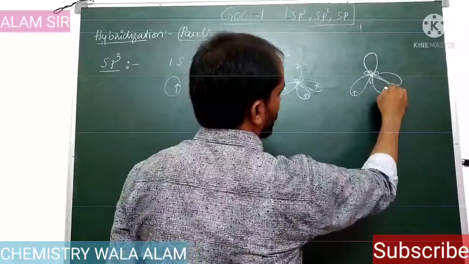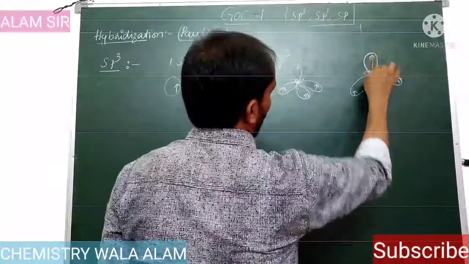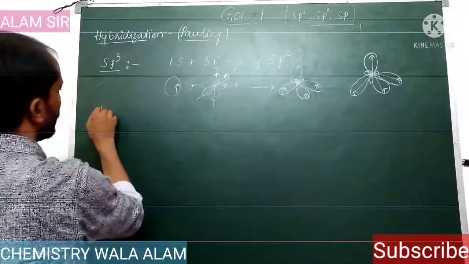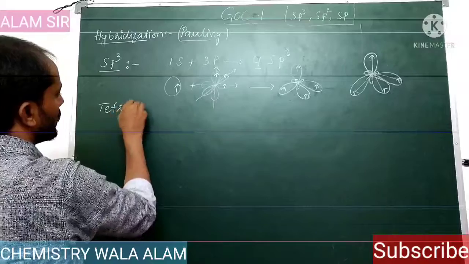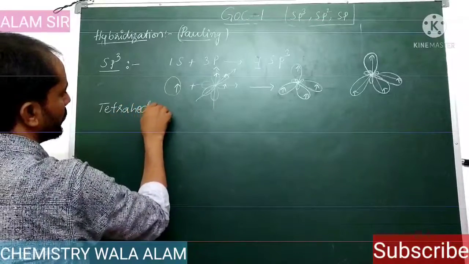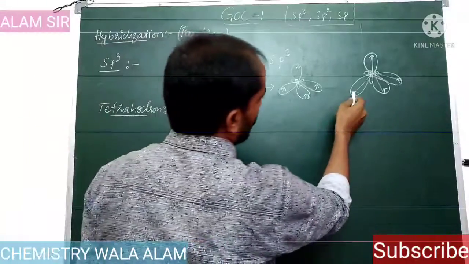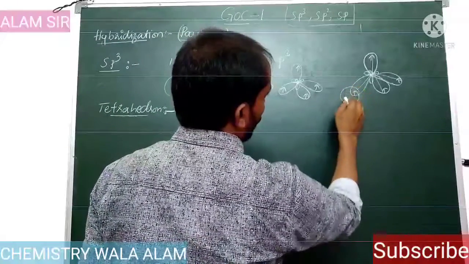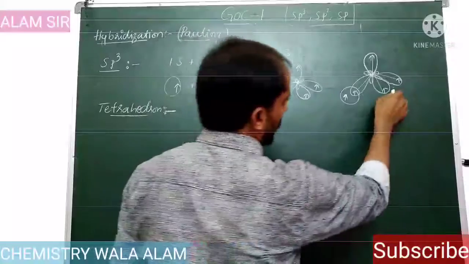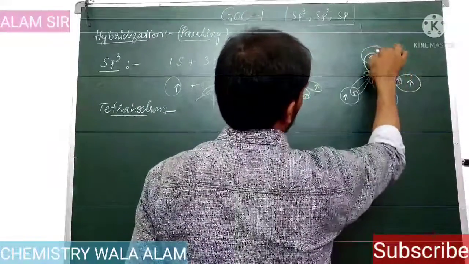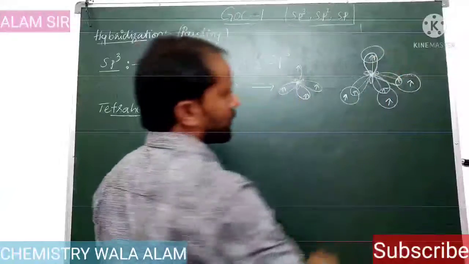Each has 1 electron, in a regular tetrahedron structure. sp3 is a tetrahedral structure. Again, this can overlap with a hydrogen, this can overlap with another hydrogen, and this can overlap with another hydrogen, and this also can overlap with a hydrogen.